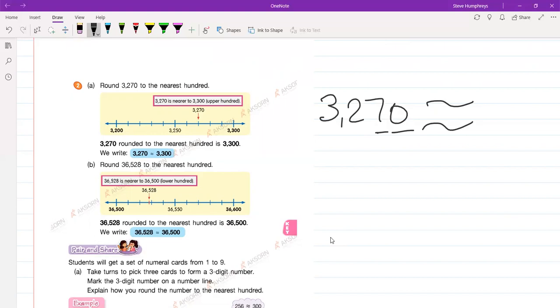Remember, if your last two digits are between 50 and 99, you round up to the nearest multiple of 100. So 3,270, you will round it up to the next multiple of 100, which is 3,300.